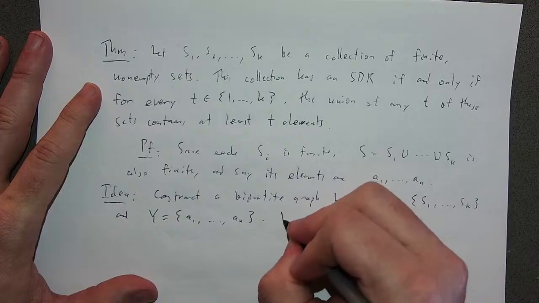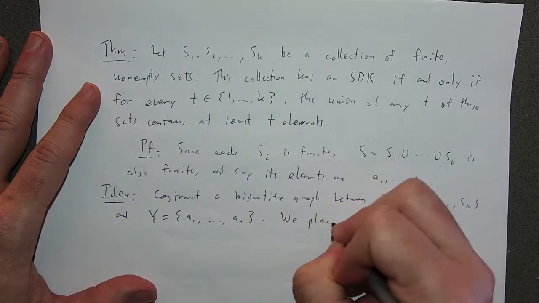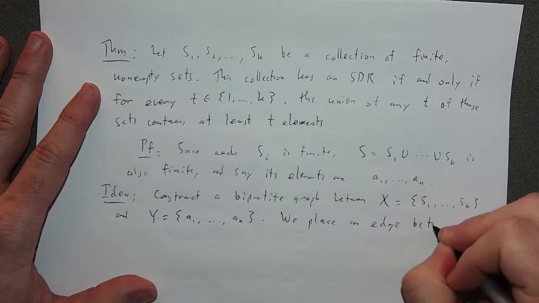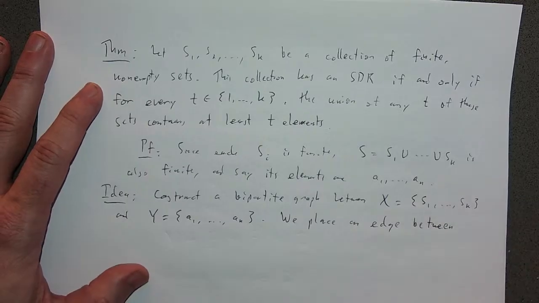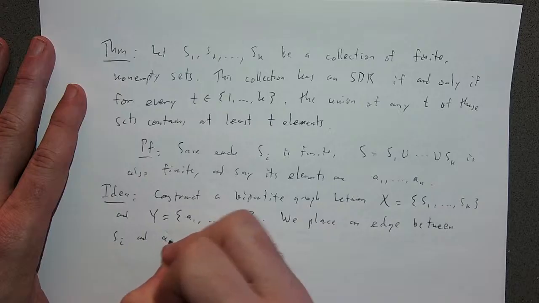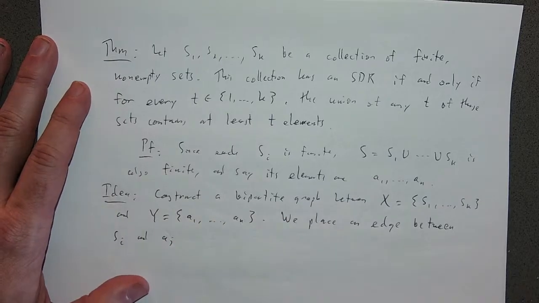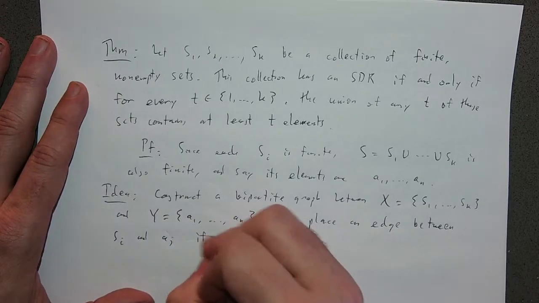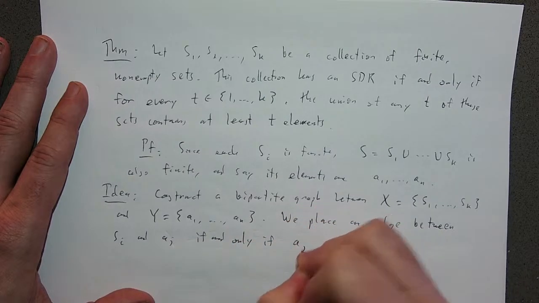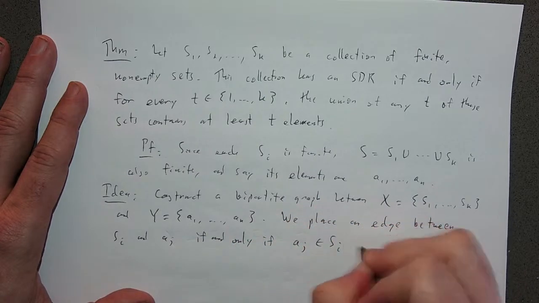We place an edge between some S sub i and some A sub j if and only if this A sub j actually belongs to that S sub i.